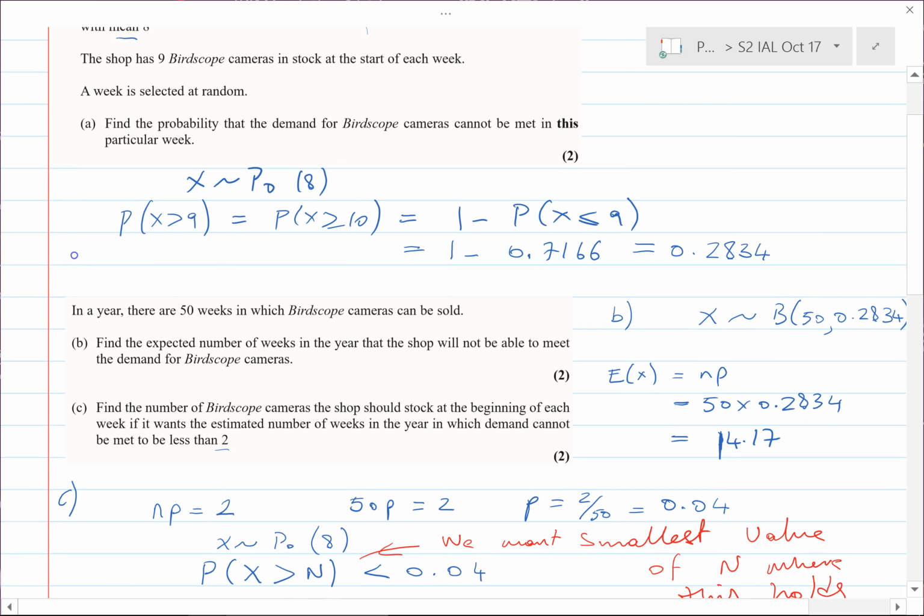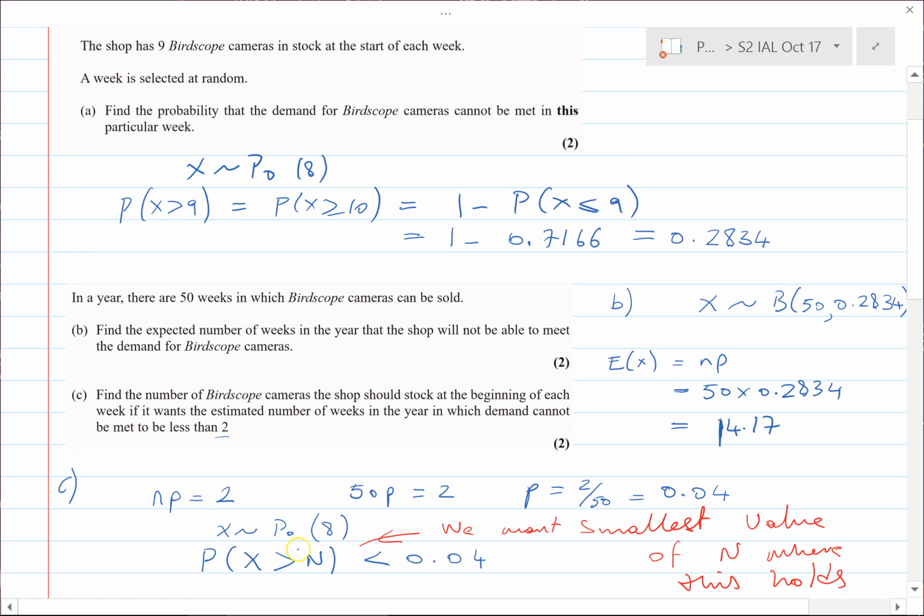So then we go back to the original Poisson, because that's how many per week. That's how they're distributed. Assuming that every week is Poisson distributed with mean 8, we want the probability that the number in any particular week exceeds n to be less than 0.04.